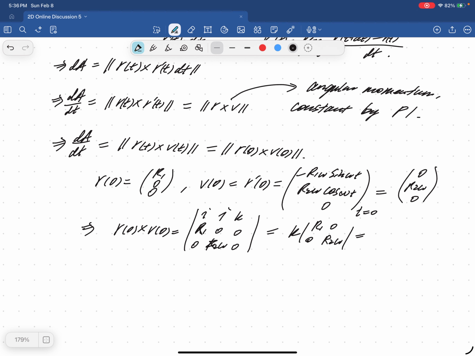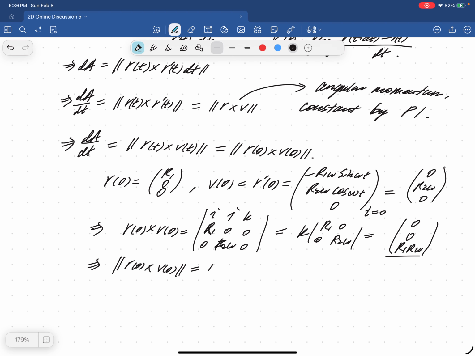This is equal to (0, 0, R1 R2 ω). And therefore the size of r(0) cross v(0) is the size of this vector, which is just R1 R2 ω. And this is also equal to our dA/dt.